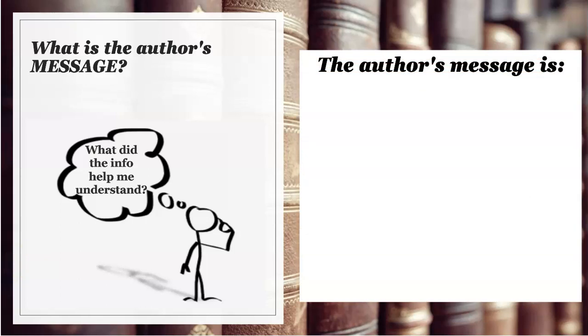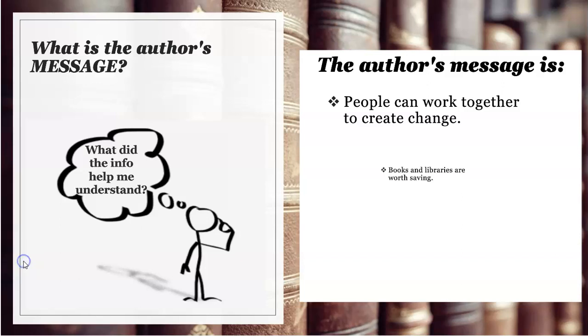Using the text evidence, I can infer that the author's message is that people can work together to create change. We see that in the fact that the library director starts to protect the library, but then he is joined by many people, often one at a time. We can infer that the author's message is that books and libraries are worth saving.